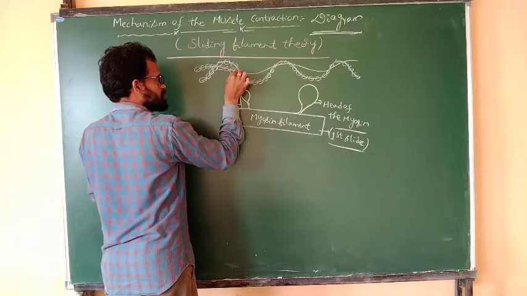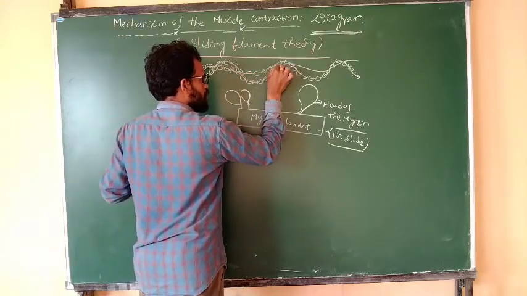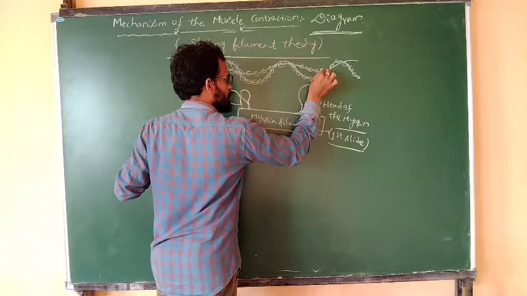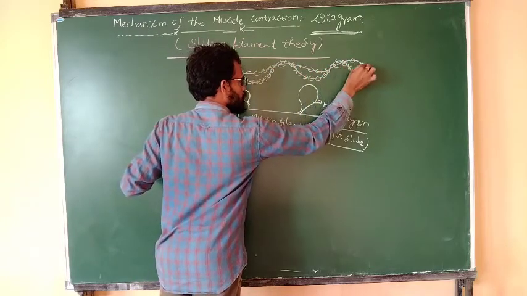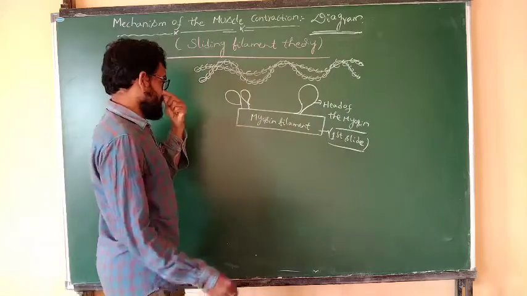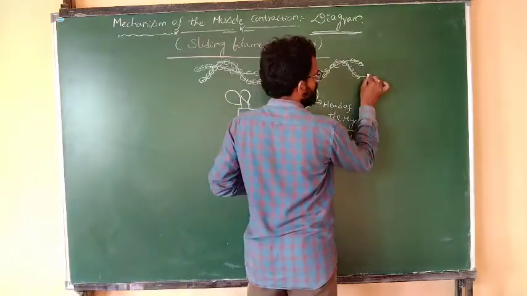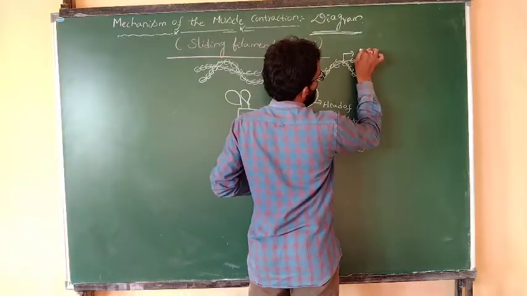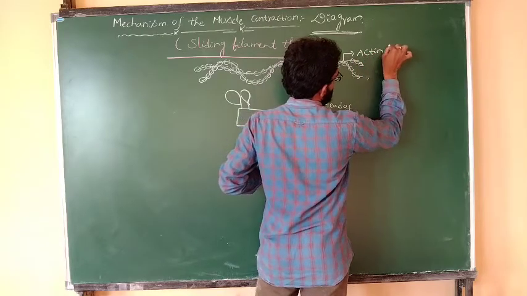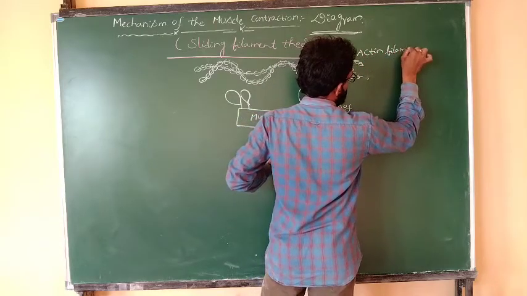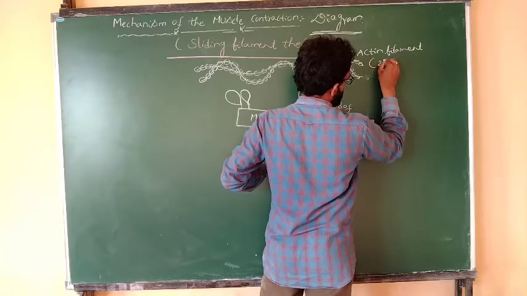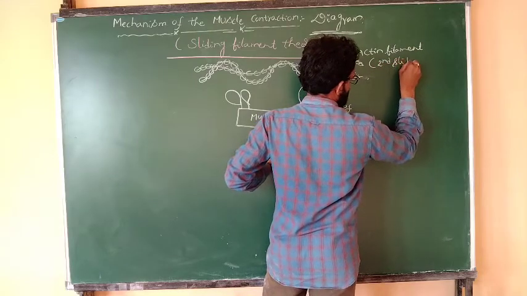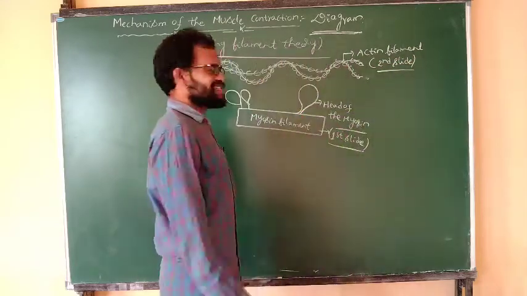F actin filament is always in the form of a helical coil. Helically coiled is nothing but the actin filament. The second slide.